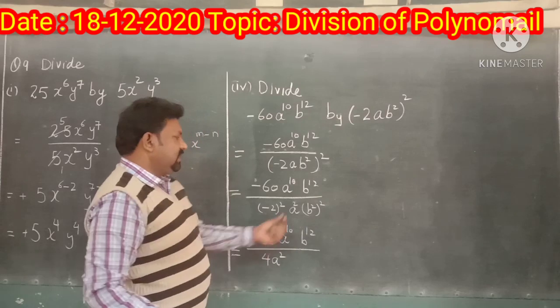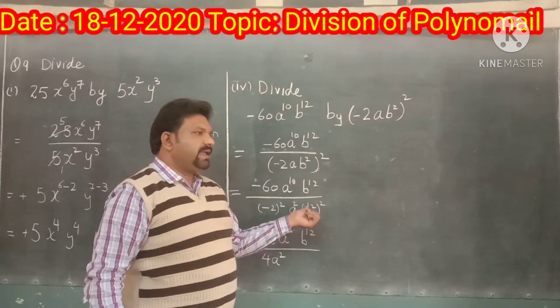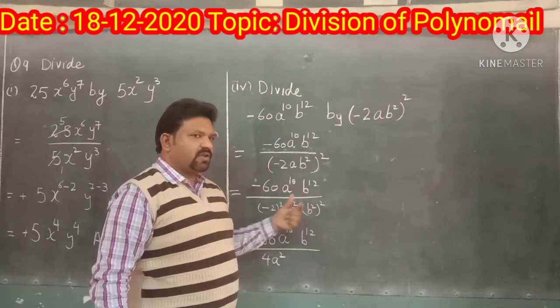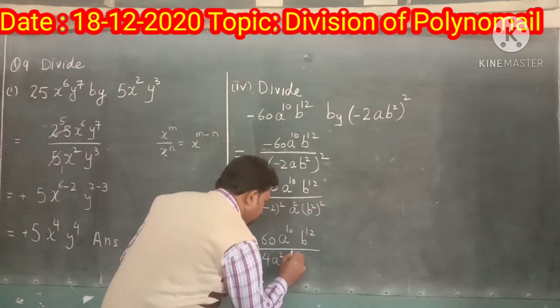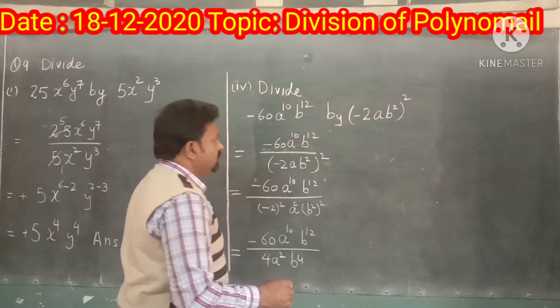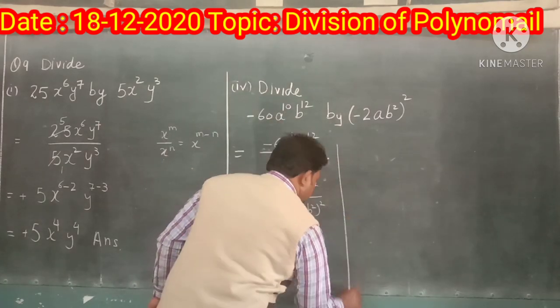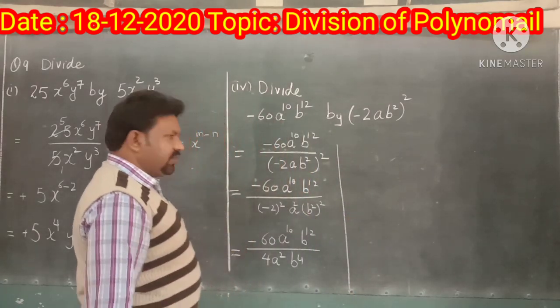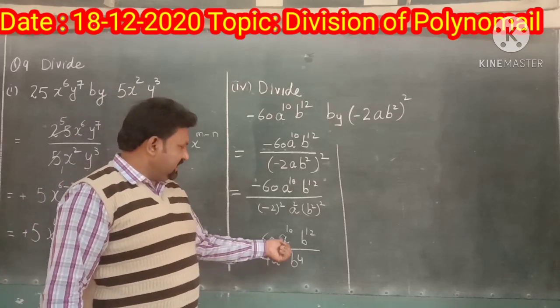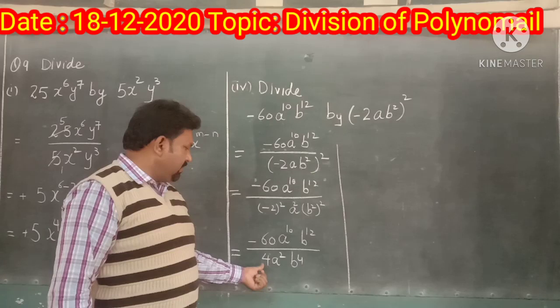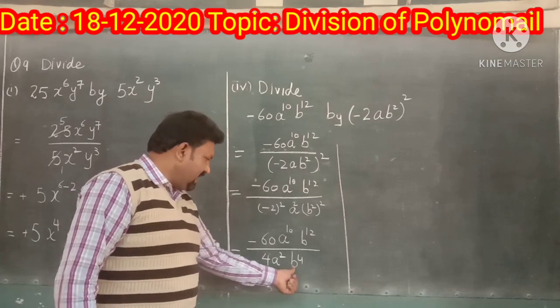So we will apply the law of power. 2 multiplied by 2, 2 2s are 4, b power 4. Now we will divide minus 60 a 10 b 12 by 4 a square b 4.